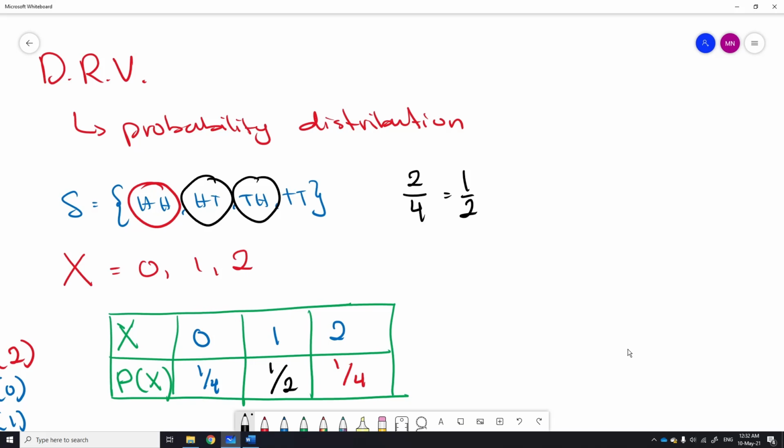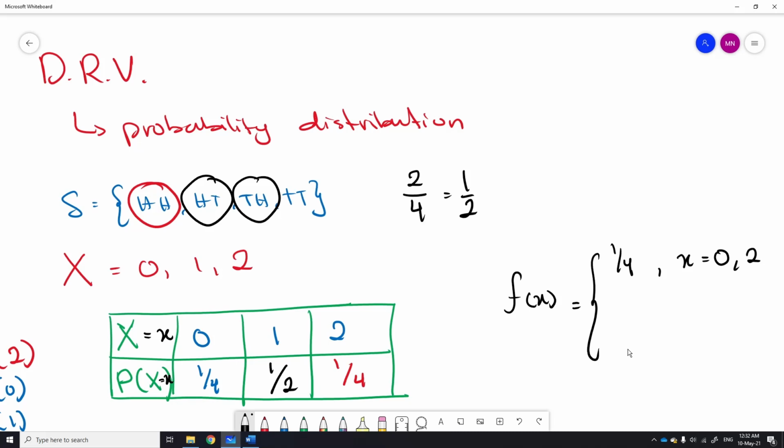From this table we can form our function, where f(x) is equal to 1 over 4 when x is equal to 0 or 2. This x represents the capital X of our random variable, and capital X is equal to the smaller x used inside the function.